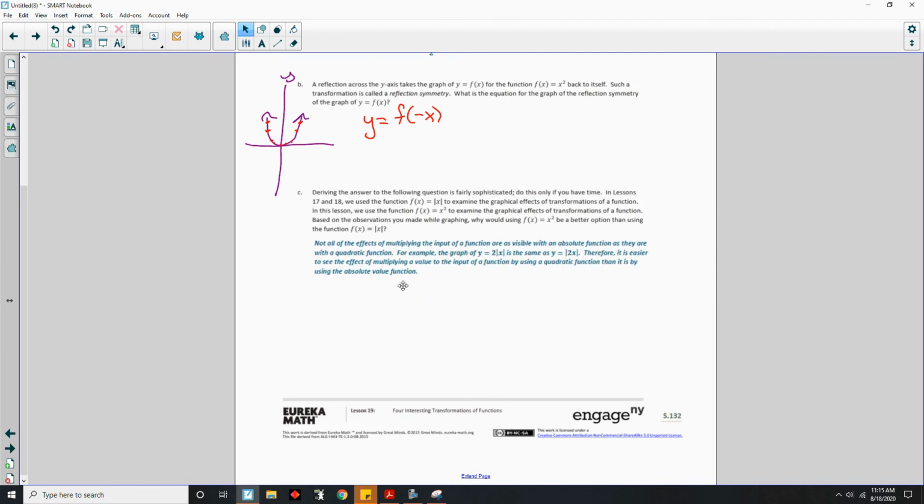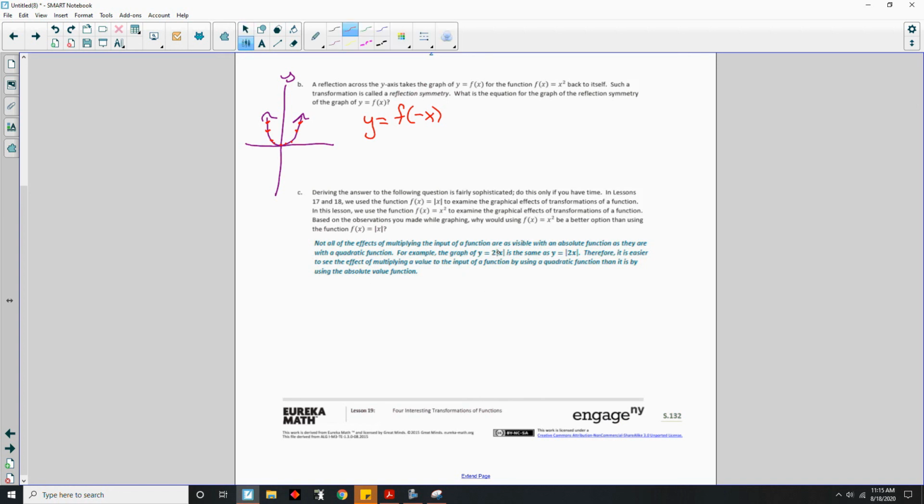Okay, so not all of the effects of multiplying the input of a function are as visible with an absolute value function as they are with a quadratic function. For example, the graph of y equals 2 times the absolute value of x is the same as y equals the absolute value of 2x. Therefore, it's easier to see the effect of multiplying a value to the input of a function by using a quadratic function than it is by using the absolute value function. Because it's not the same if it's squared.